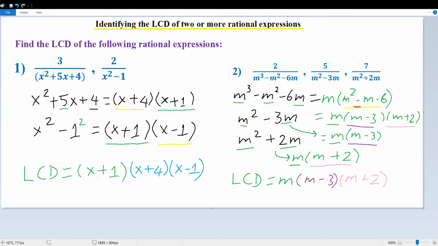While looking for the common factors, we always looked for the factors having the largest number of repeats in the given factors of the denominators.